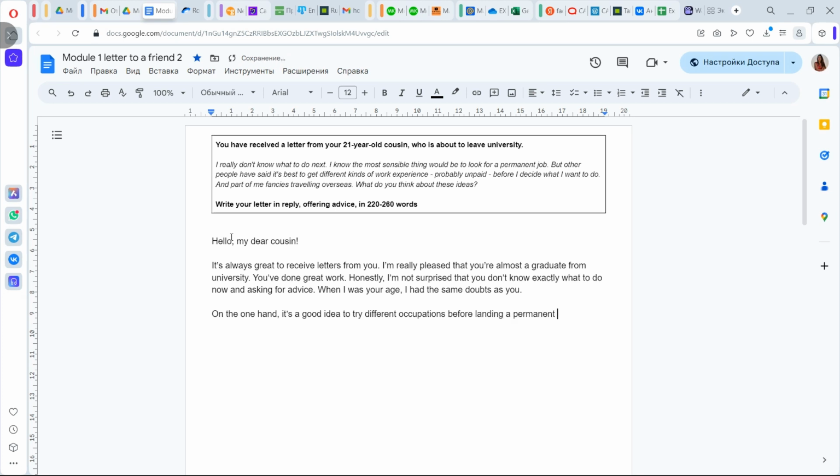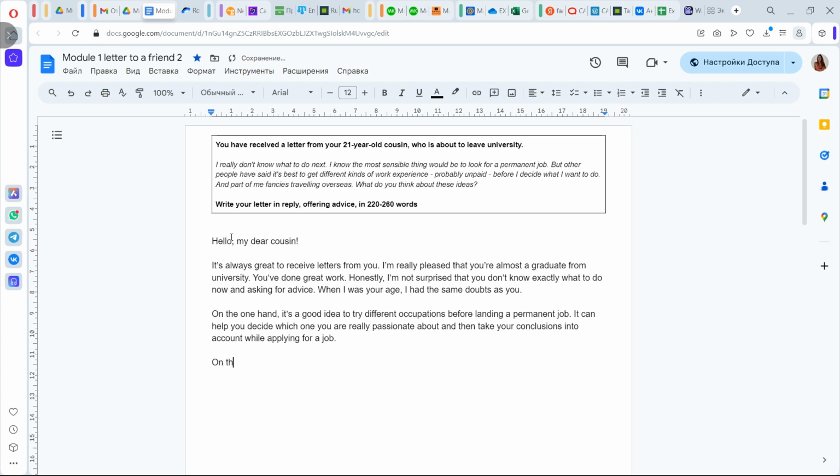The first sentence in each body paragraph should be the topic sentence where we put our main idea. "On the one hand, it's a good idea to try different occupations before landing a permanent job." Then we need to develop our idea, yeah? And in the end, we need to make a mini conclusion.